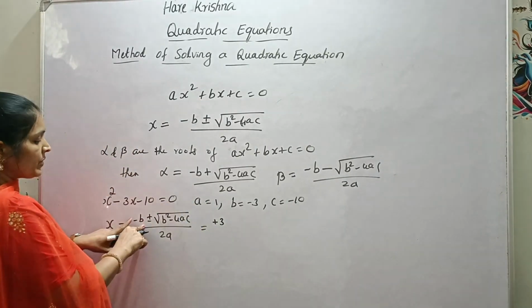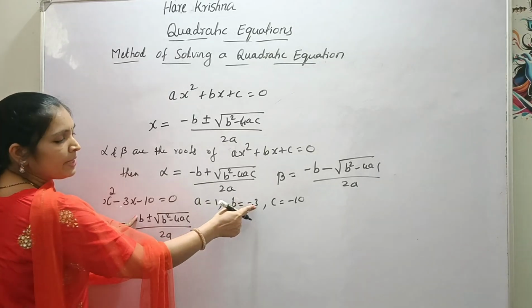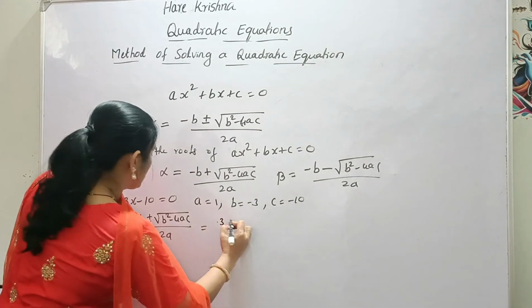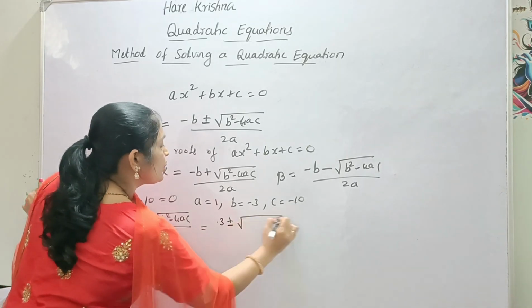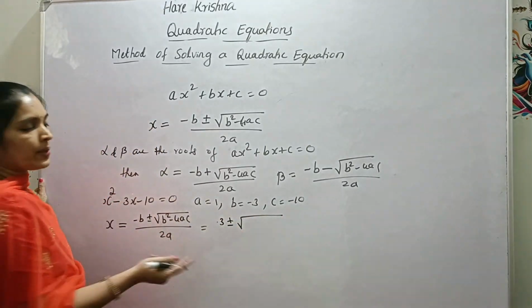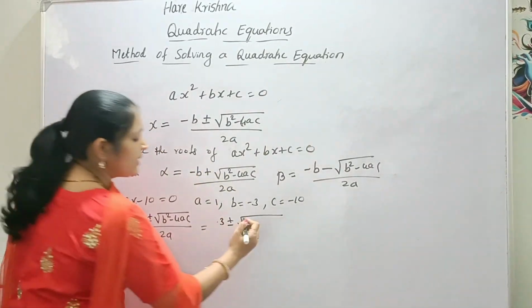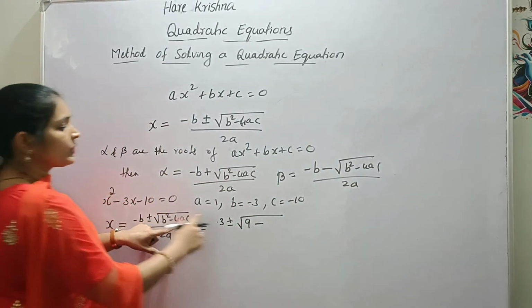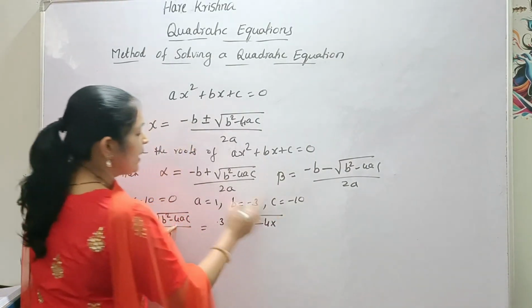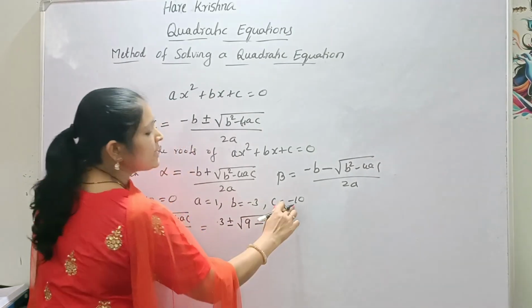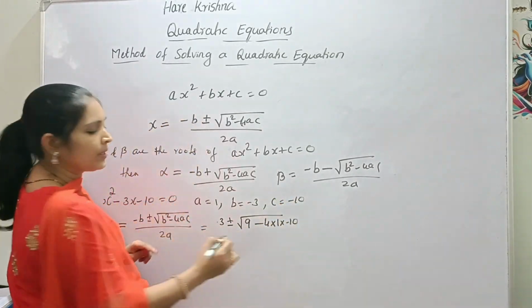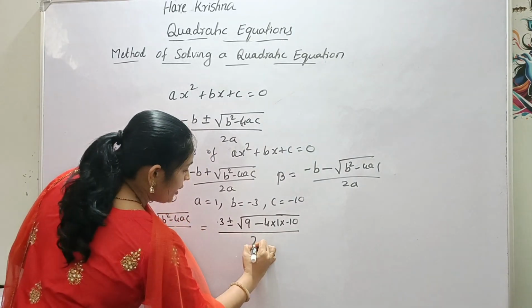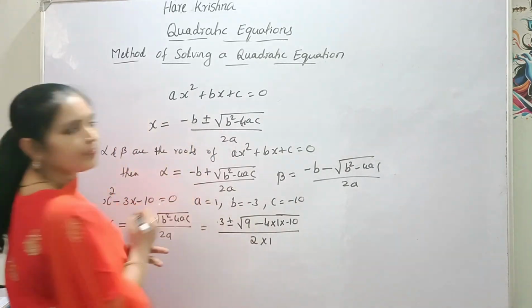So 3 plus or minus root of b square, that is 3 square, 9, minus 4 into a into c, whole divided by 2 into a, which is 1.